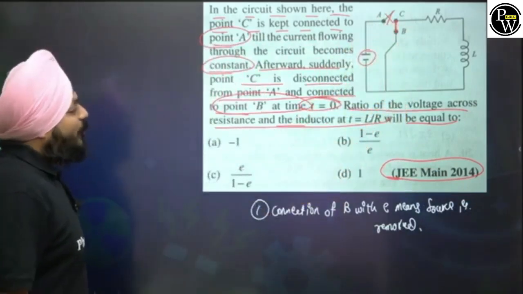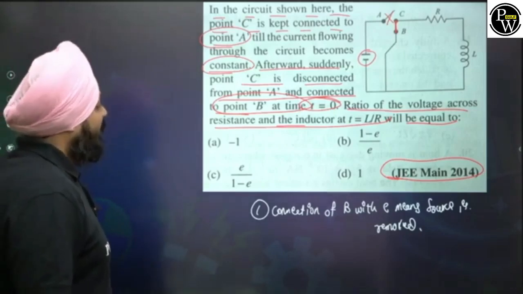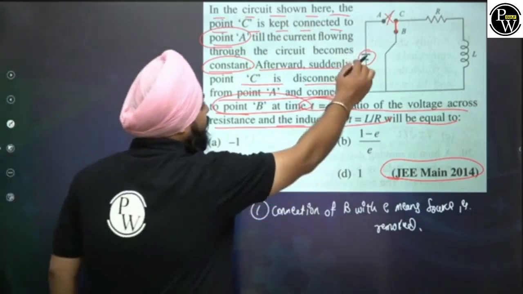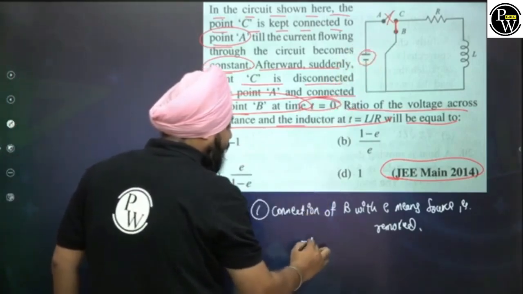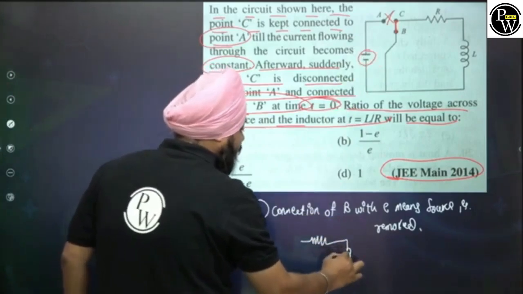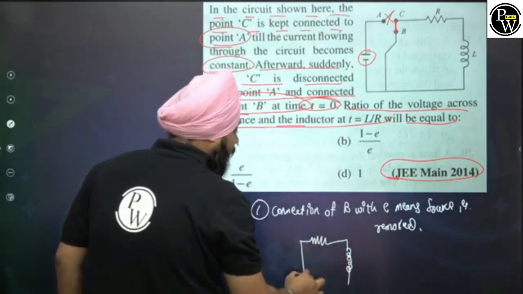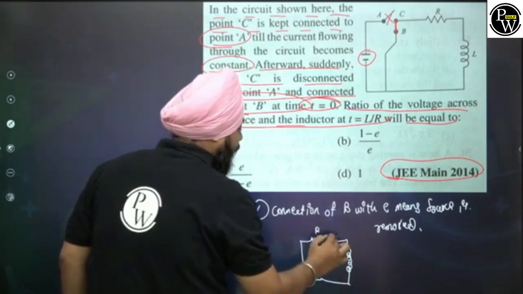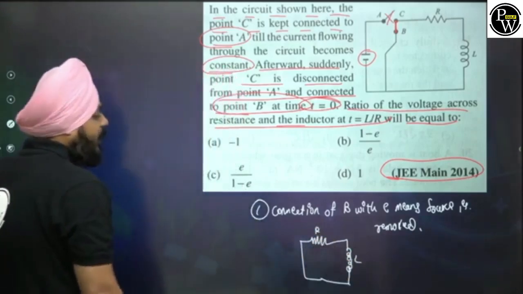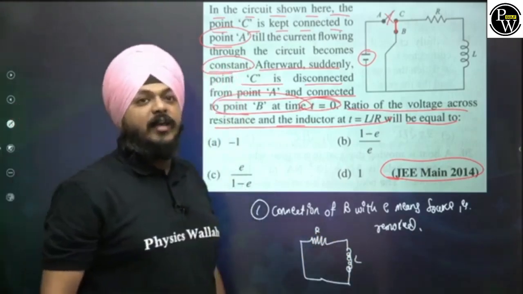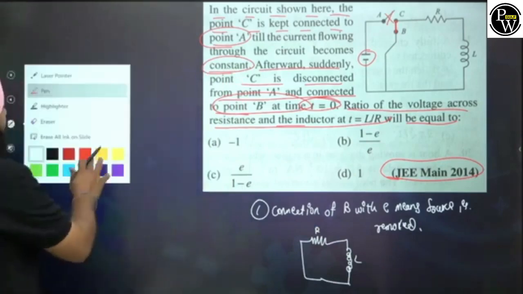In the decay of the current, if I'm talking about the circuit when it is connected, this is R, this is L. Applying KVL to this circuit, we are going to reach the solution.